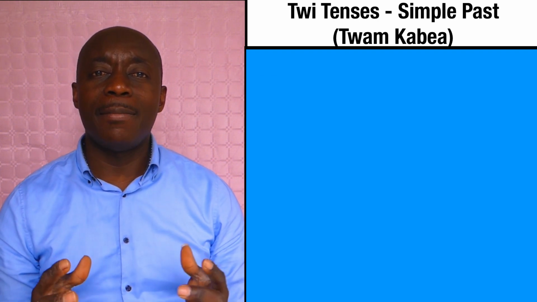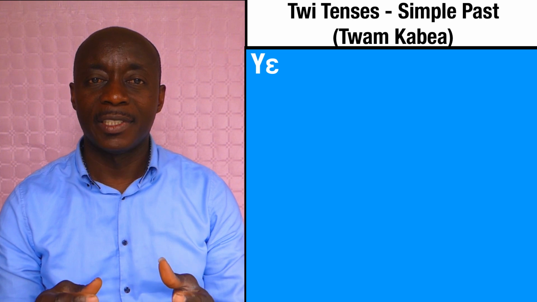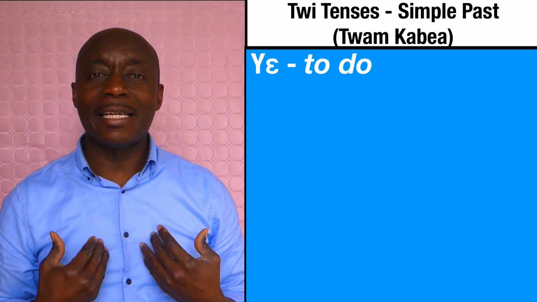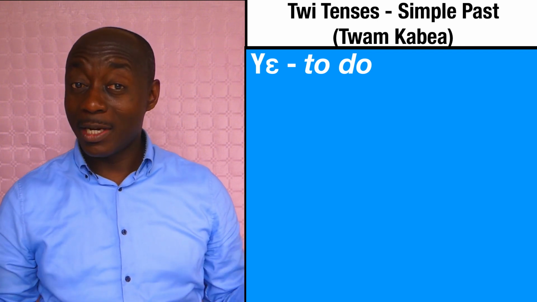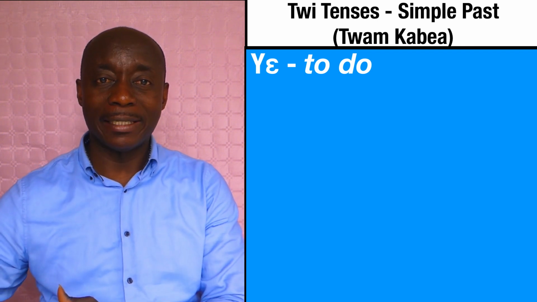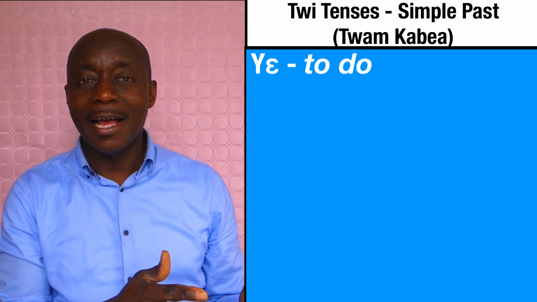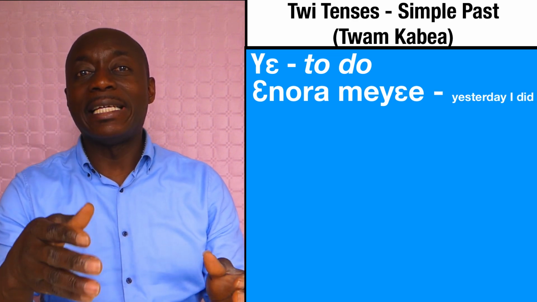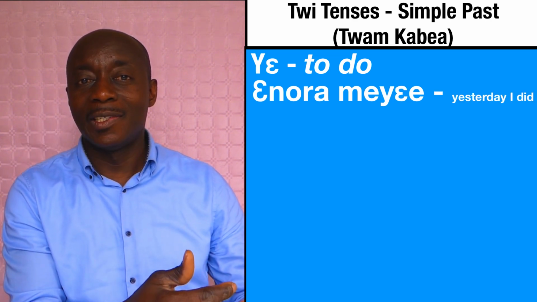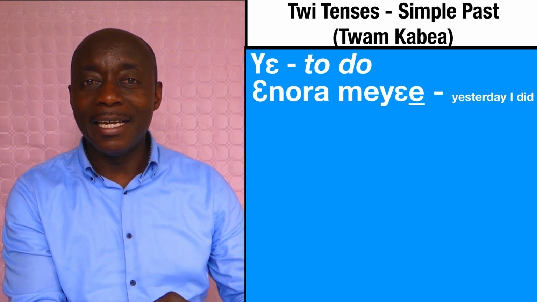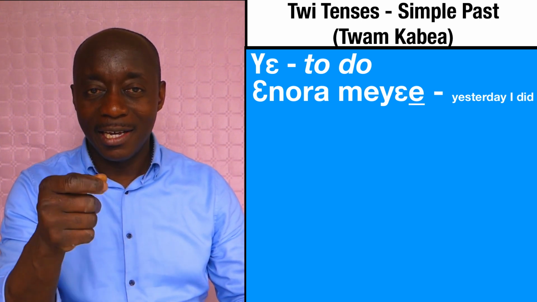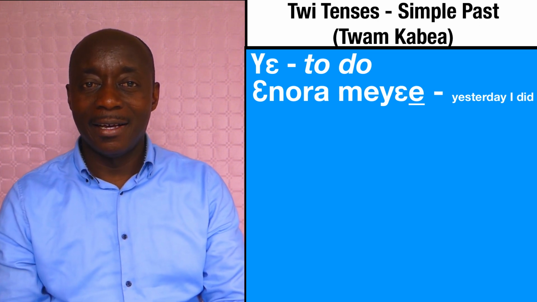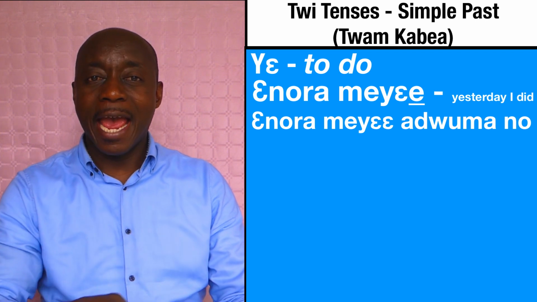So let's give another example. Let's take a verb like ye. Ye, that is to do. If I want to say yesterday I did, what did I do? There's no complement. So yesterday I did. I will say enra me ye. You see that here I just added e to the verb. But if I want to bring a complement, then I'll say enra me ye ejumano.